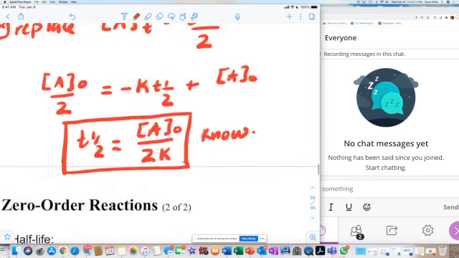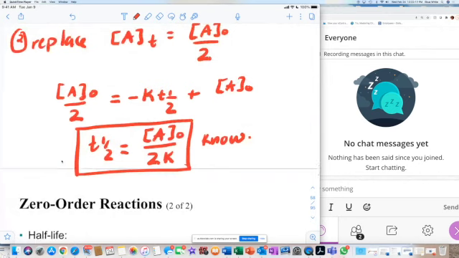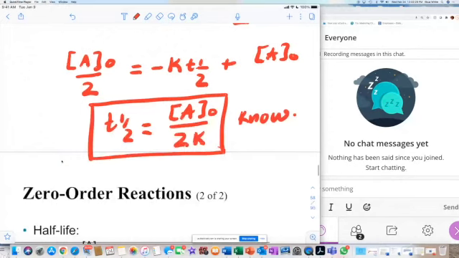So how can this question be asked to you? Conceptually, they can say, does the half-life of the zero order depend on the concentration of the reactant? Look at this equation mathematically. T1/2 is a variable, right? A naught is also a variable in this mathematically, right?